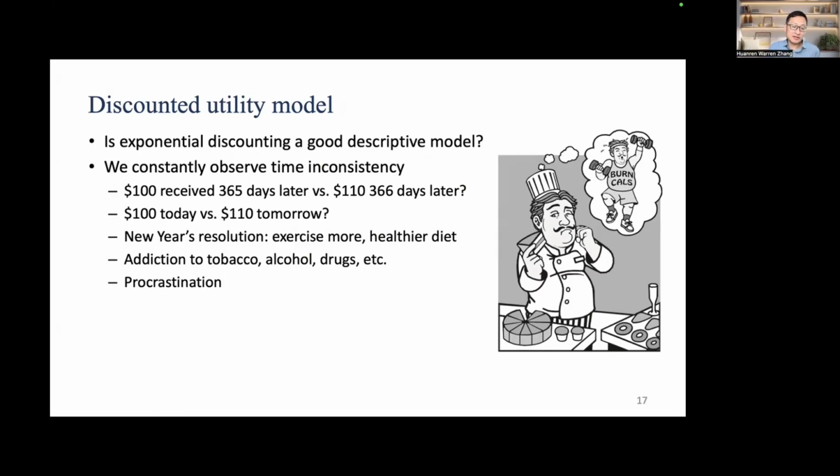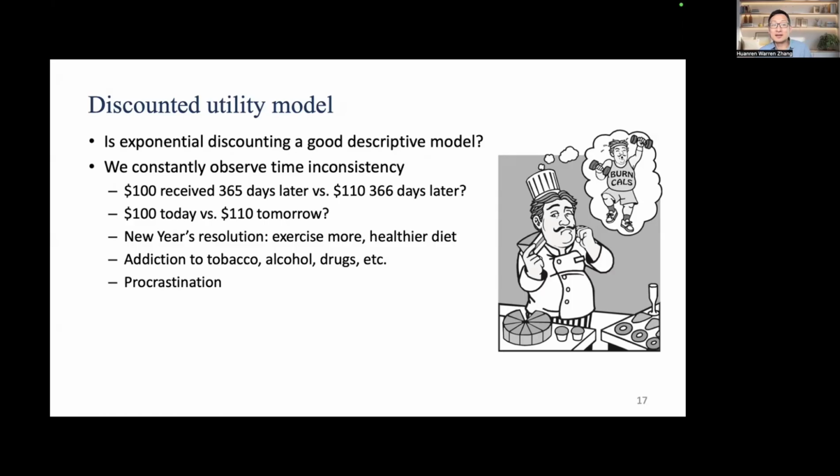So at the start of the New Year, you make the plan that in the future you want to exercise more. You would always prefer a healthy diet, but when the time comes, when the temptations are there, it's always tempting to lie on the couch to watch another episode from Netflix or have another snack, some chips, to enjoy the time there.